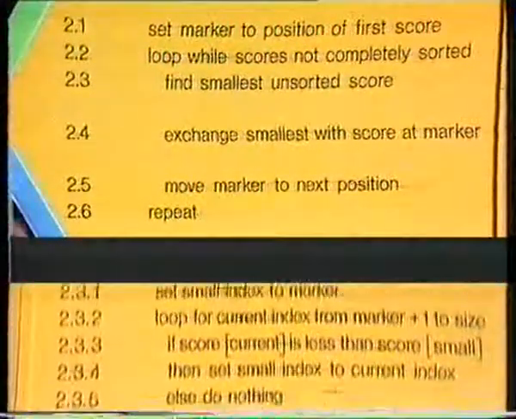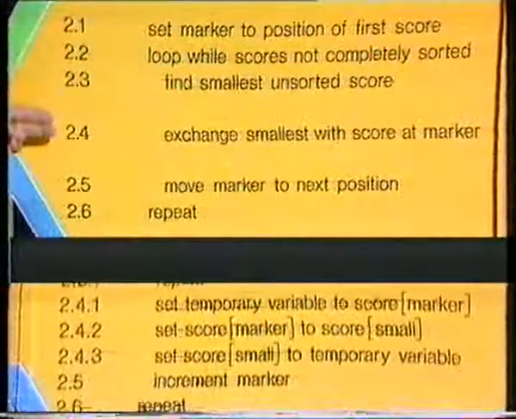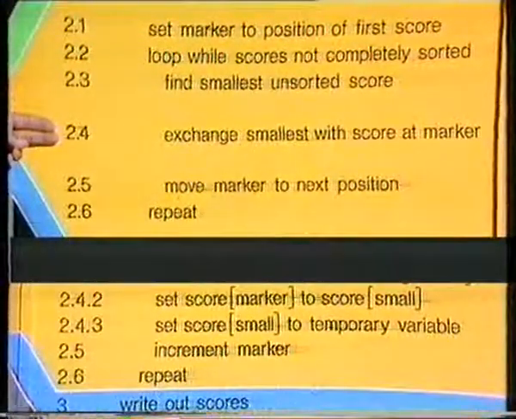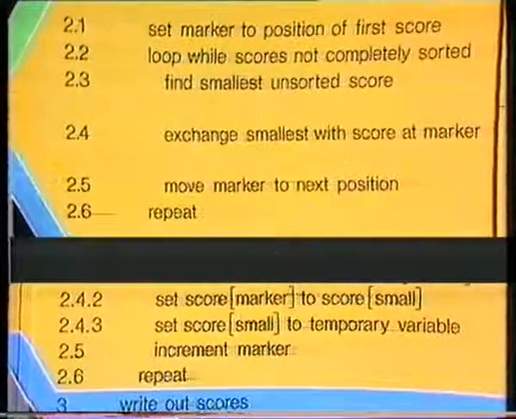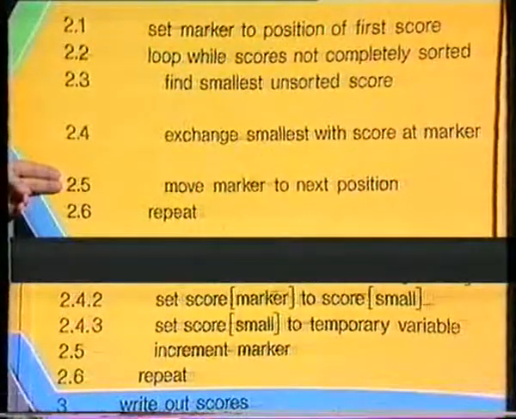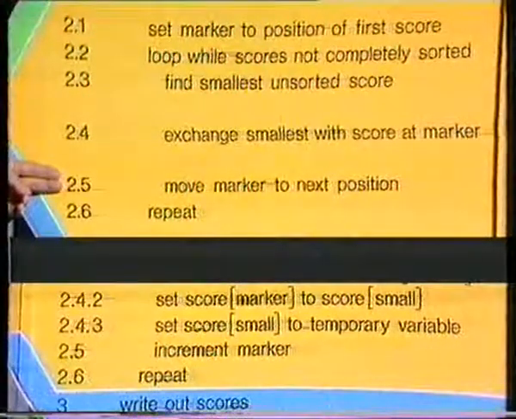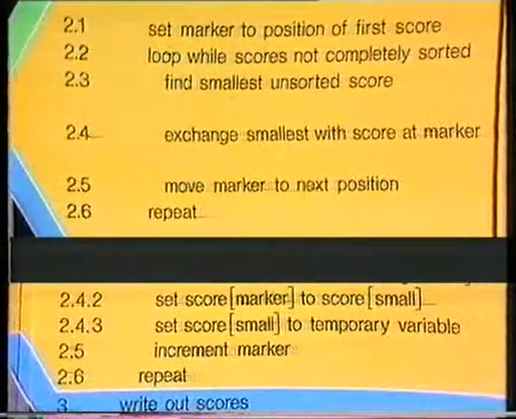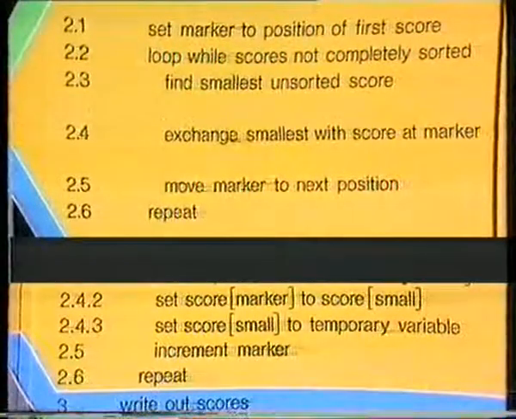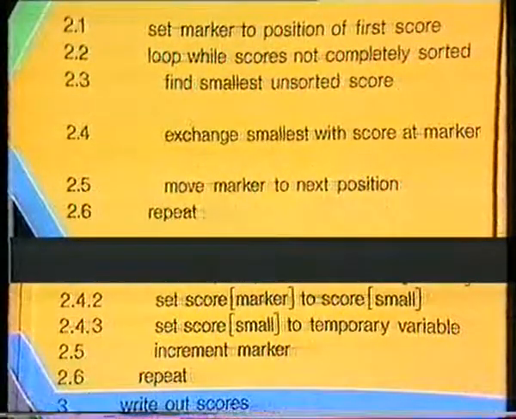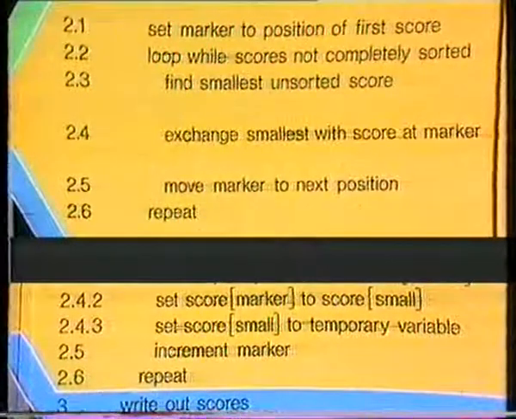Now, it turns out that steps 2.3 and 2.4 need much more refinement, and we'll come back to that in a moment. But step 2.5 means we must update the marker, and we do that by adding 1 to it. We increment it. So there are 2 steps we need to refine, 2.3 and 2.4.